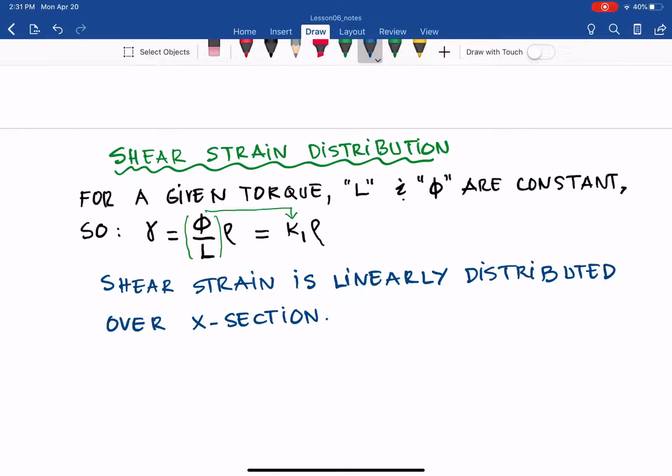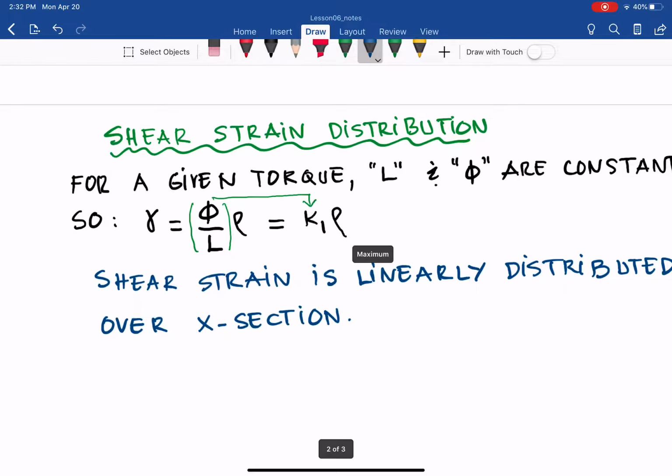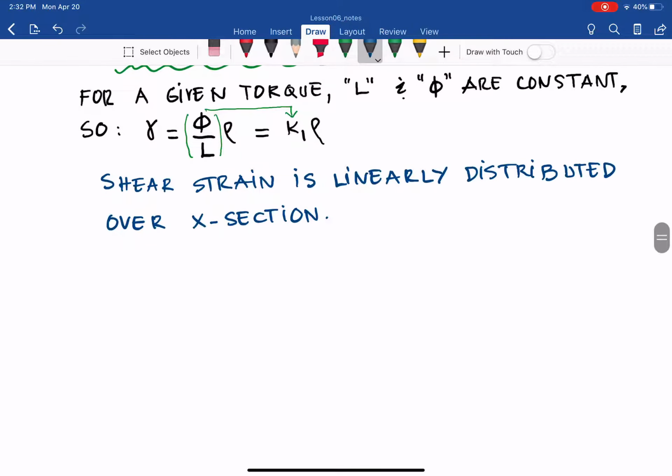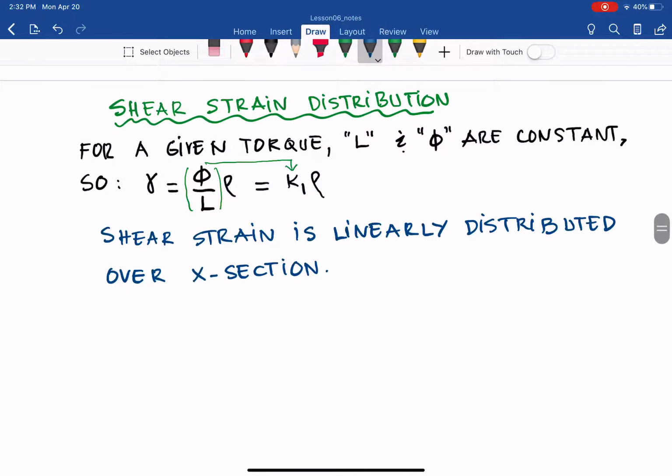If ρ equals 0, then γ equals 0 from that equation, as you can see. If ρ gets to the whole radius, then γ gets the maximum. So from that we can draw the shear strain distribution over the cross section of the material.